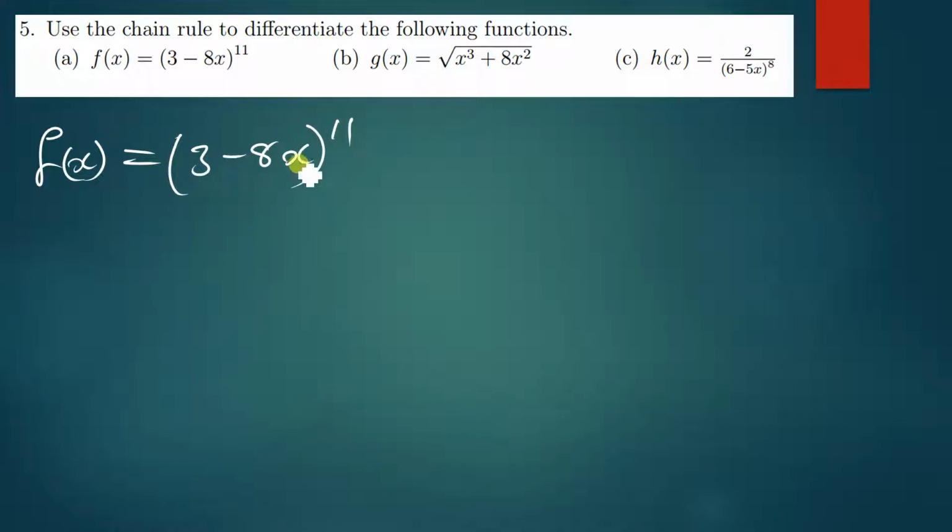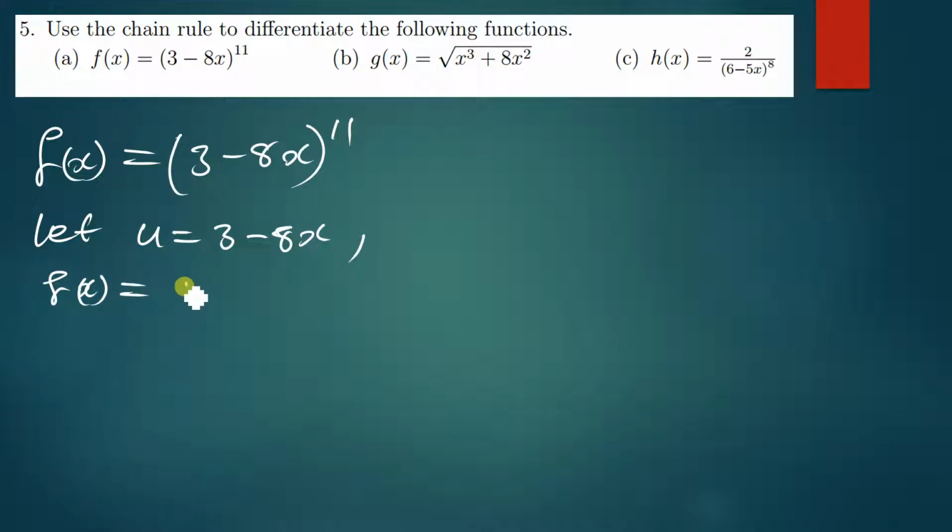The first function that we have in this expression, we're going to say let u be equal to 3 minus 8x. And then the second function that we have in this expression is simply f of x, which is therefore equal to u to the power 11. So the first function is this one, the second function is this.